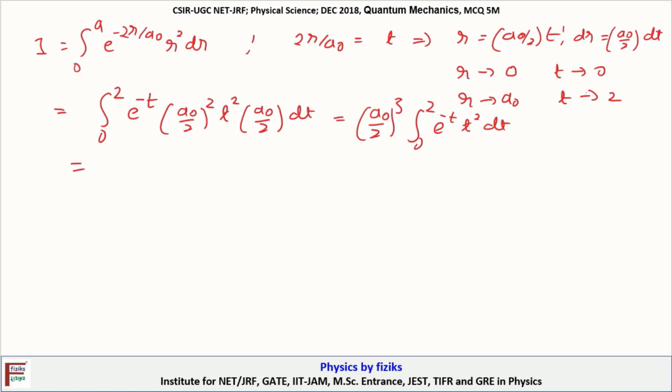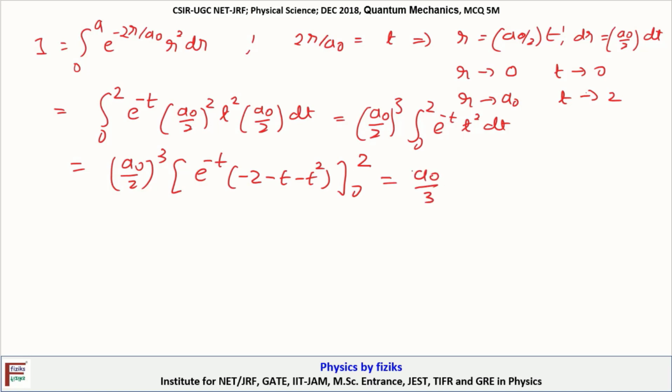which is equal to (a0 by 2) cube, e raised to the power minus t times minus 2 minus t squared, from 0 to t. After substituting the limits, we get (a0 by 2) whole cube into 2 minus 10 e to the power minus 2.